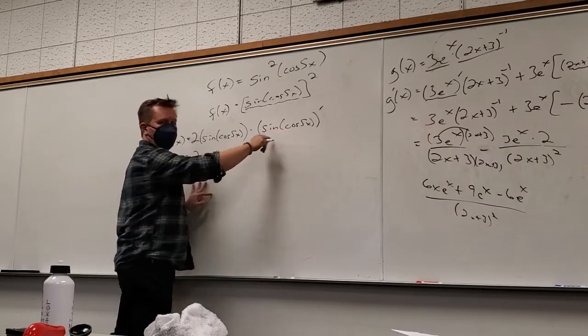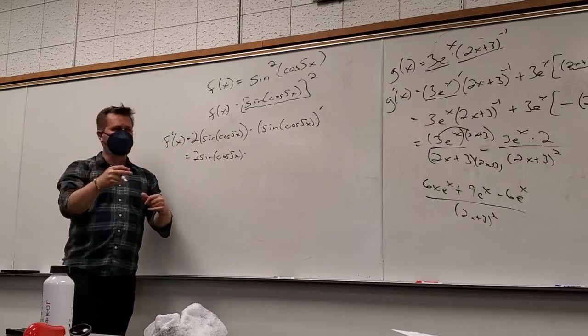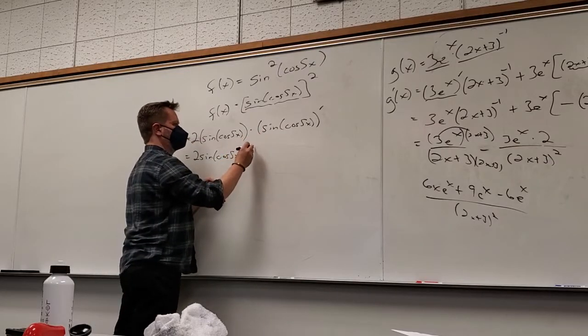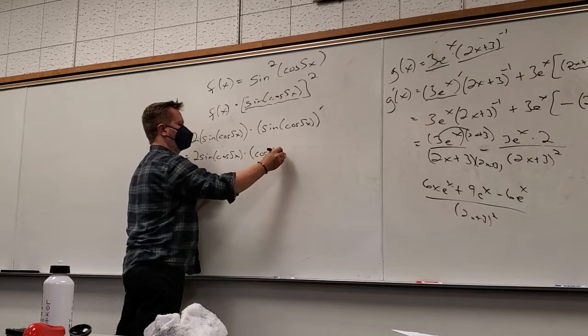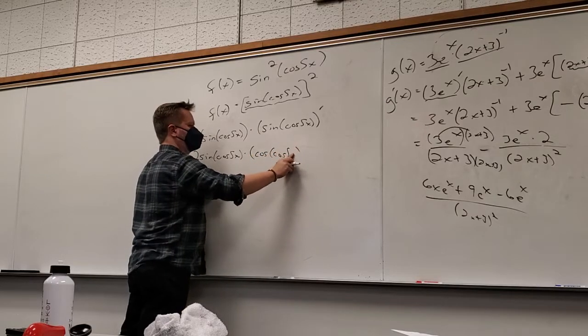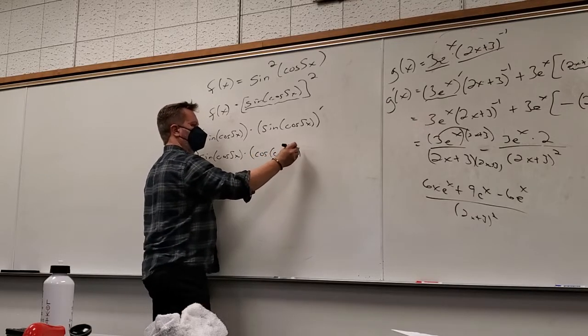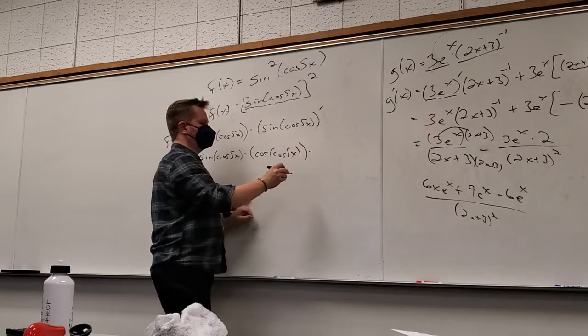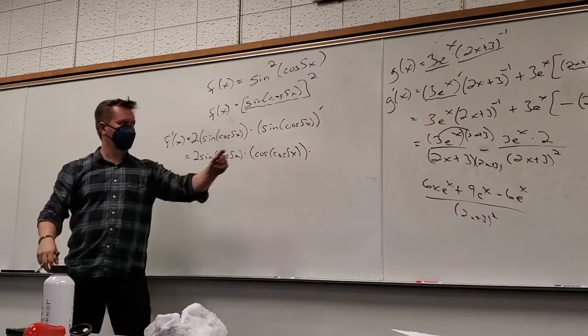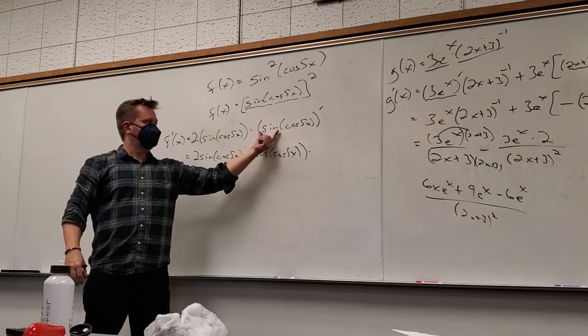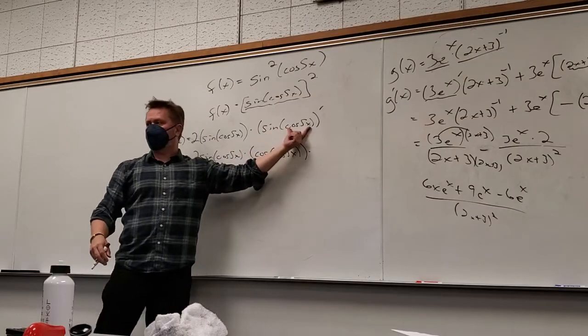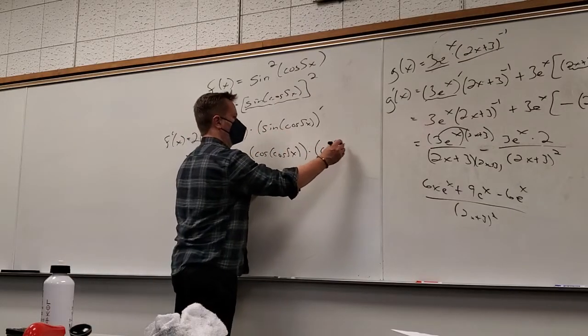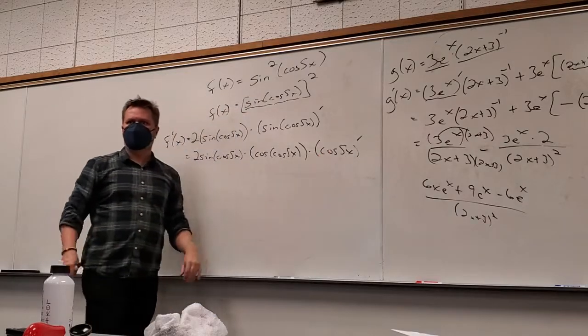Isn't this sine of something? The outer one is sine. So what's the derivative of sine? Cosine. Cosine of stuff. That's how you take the derivative of sine, right? Cosine of stuff times, what's the inside function? So we did the derivative of the outside, and the inside is cosine 5x. So I've got to do that guy's derivative.